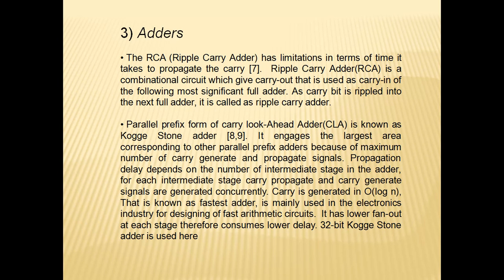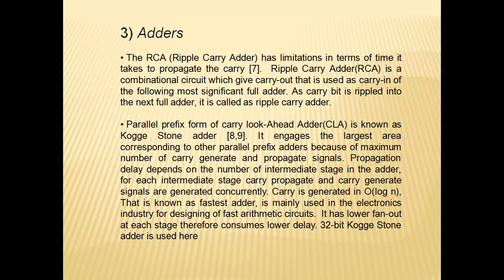The parallel prefix form of a carry adder is known as the Kogge-Stone adder. It engages the largest area compared to other parallel prefix adders because of the maximum number of carry generate and propagate signals. The propagation delay depends on the number of intermediate stages in the adder. For each intermediate stage, carry propagate and carry generate signals are generated concurrently.